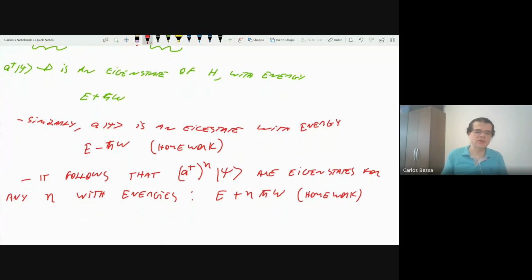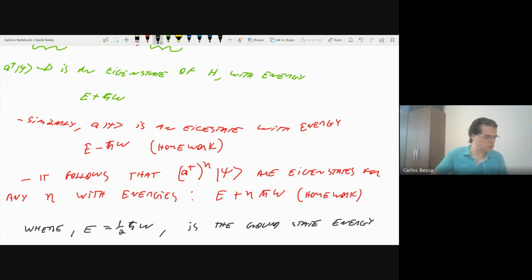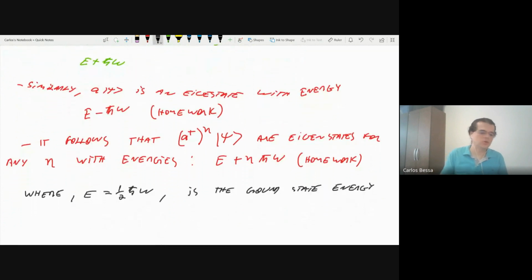Where this E here is equal to 1 half H bar omega, the ground state energy, which is the expression we found before, right?